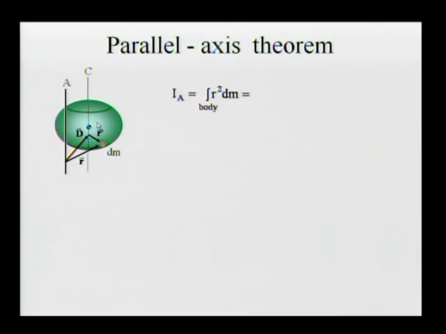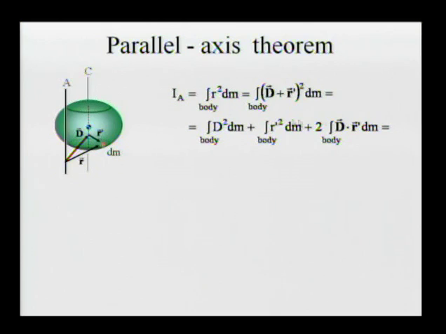r prime is the distance from the axis passing through the center of mass. So I wrote it that way, right? The square of the distance is equal to the scalar product of that vector with itself, and this vector is equal to the sum of vectors d and r prime. Well, I just perform the operation, square it. How do I square it?